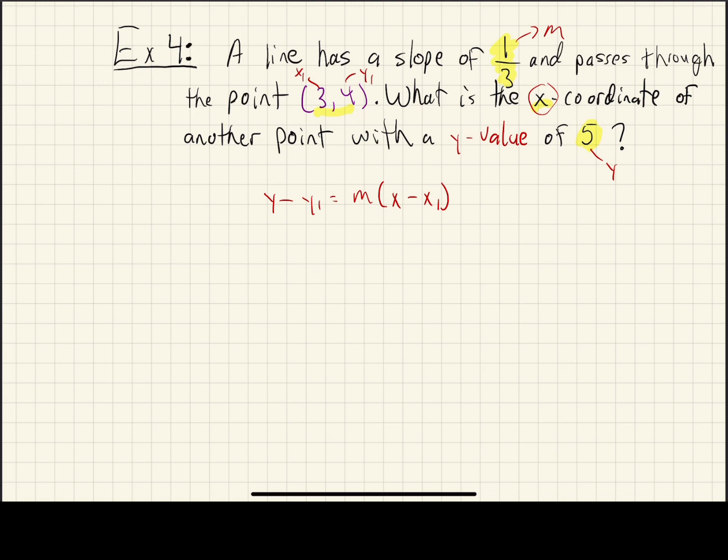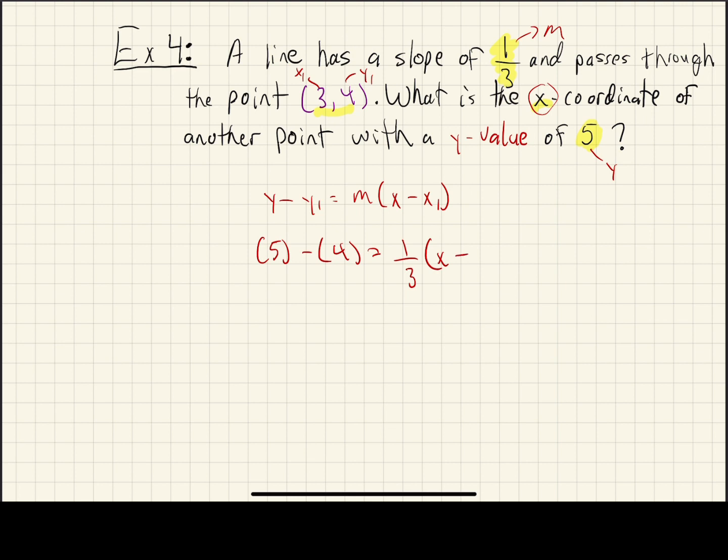Okay, so I have my point slope formula here, and we're going to sub in everything that is given to us in the question. So under the y value, we have 5, and then for the y prime or y1, we have 4. The slope is 1 over 3. The x, or the final x coordinate of the other point, is unknown.